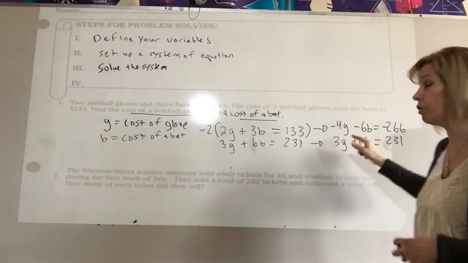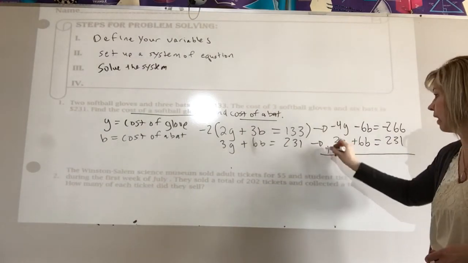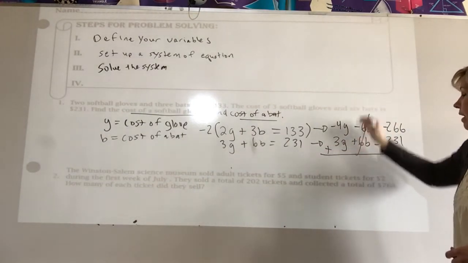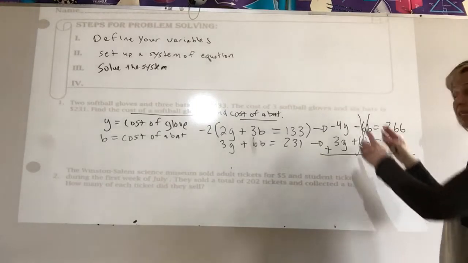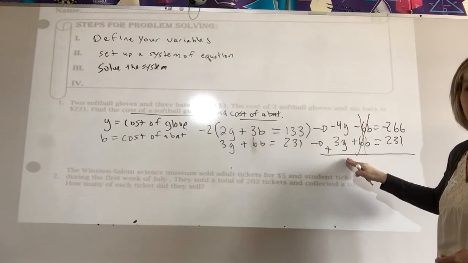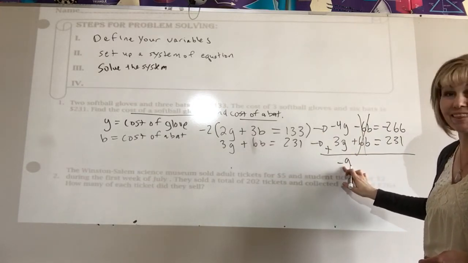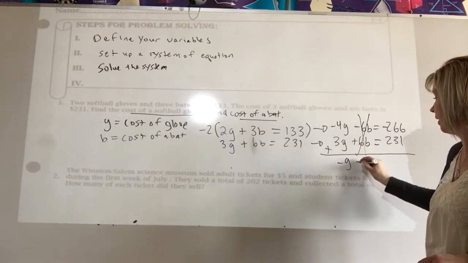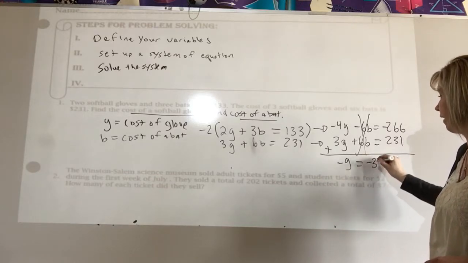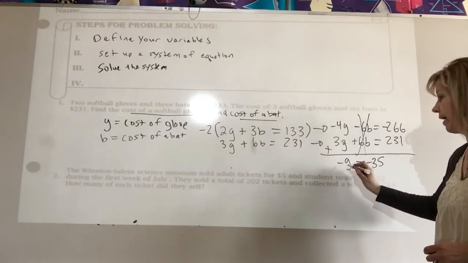And as long as you can eliminate one of the variables, you can just draw a line underneath it, put a plus. If you're adding the columns, as long as they're lined up, you can cancel out the b's, add up the g's. What do we get here? We get negative g, what's really the number in front is a 1, equals negative 35. So if you're solving for g, you divide by -1.